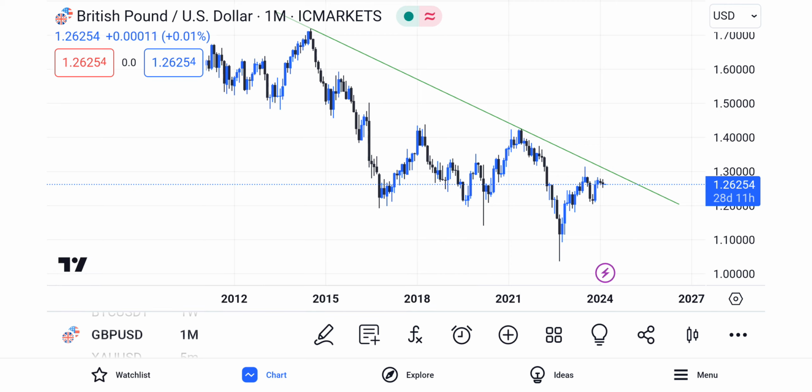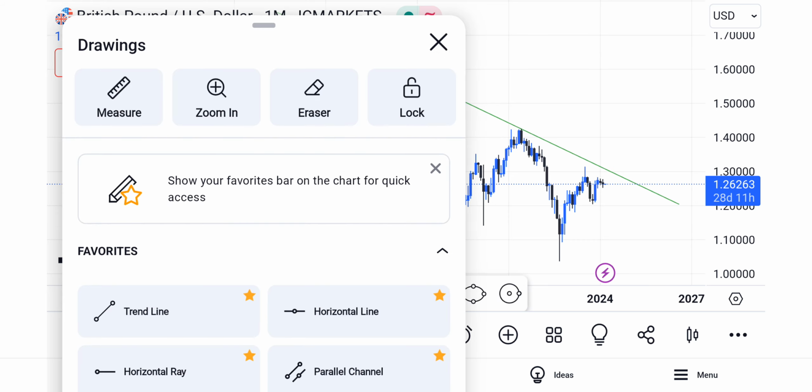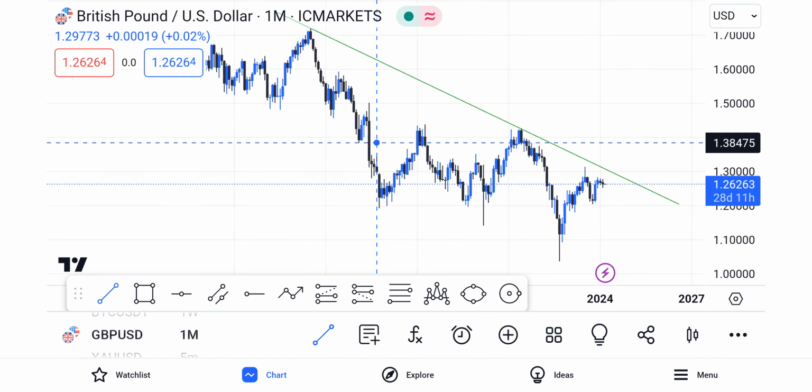A support trend line will be used when the market is trending to the upside, and we can also use this support trend line even when the market is trending to the downside, because when the market is trending to the downside, we usually have periods in the market when price is also buying.